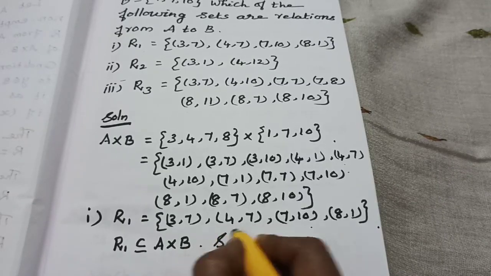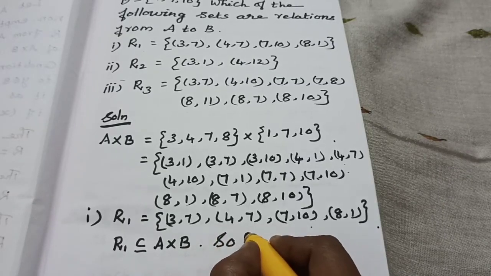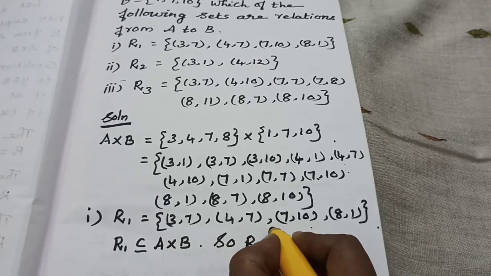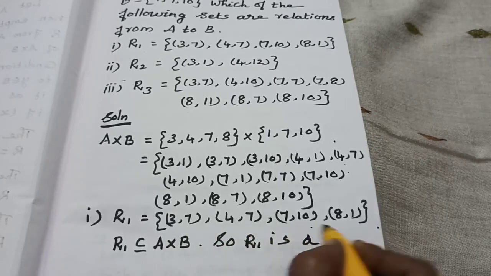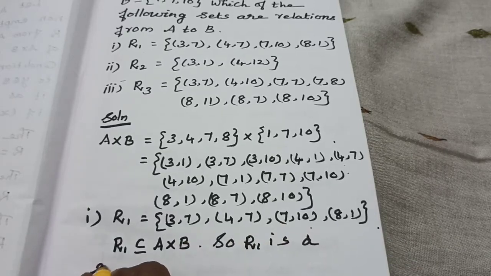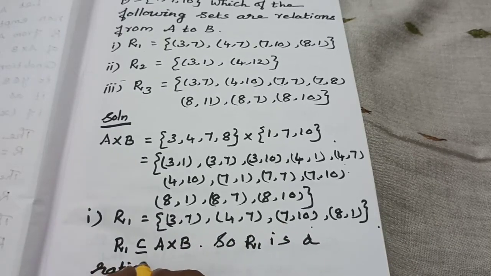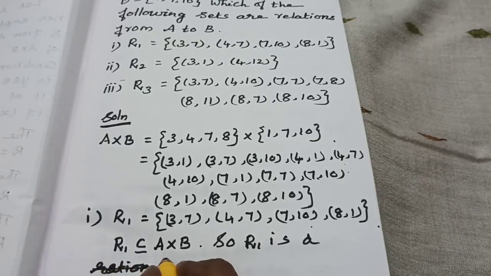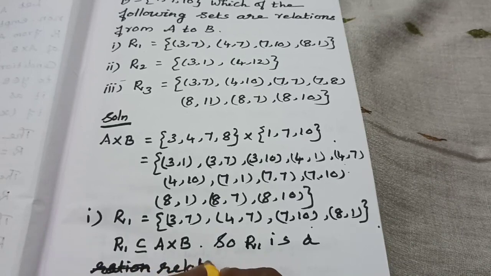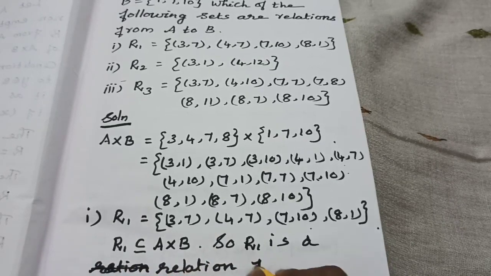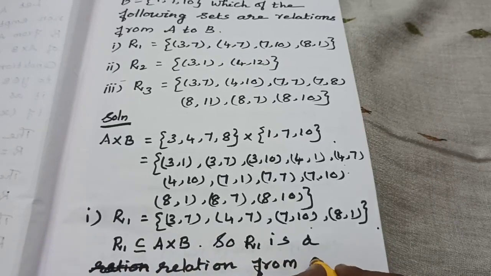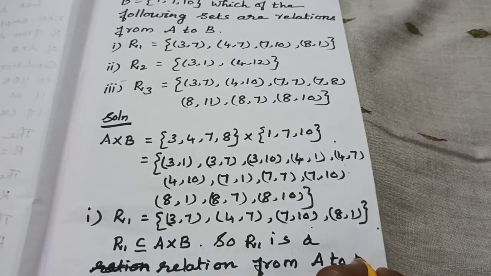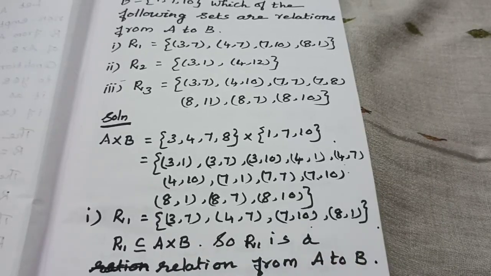So R1 is the relation from A to B. Have you understood?